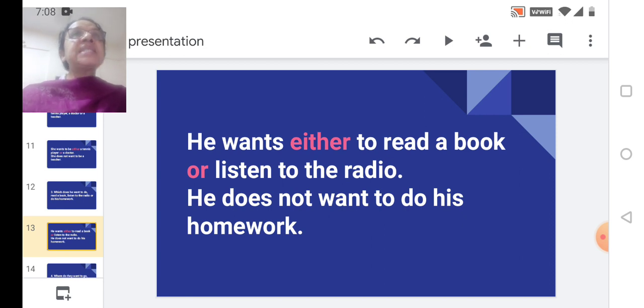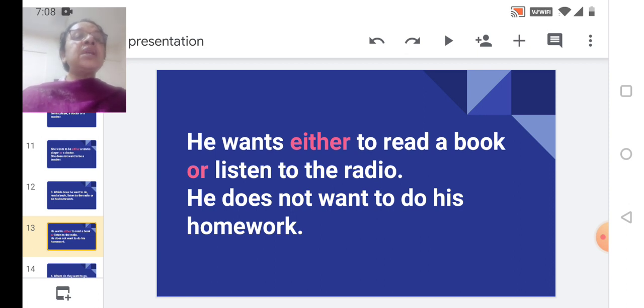He wants either to read a book or listen to the radio. In the next line, you can write the sentence as he does not want to do his homework.